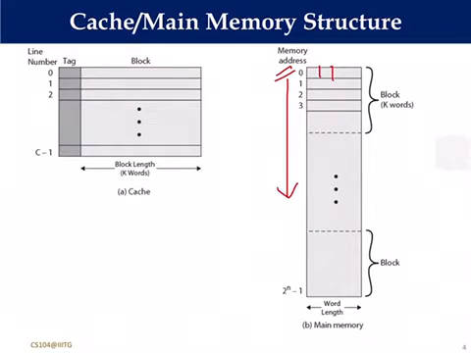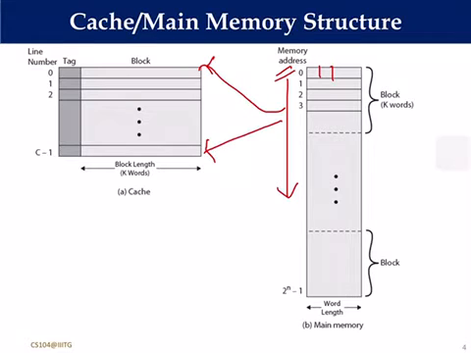One block will be mapped to one particular block or line in the cache. The size of the cache is smaller, that's quite obvious, and the size of main memory is larger. Another question is, which block from main memory will come to which cache line?